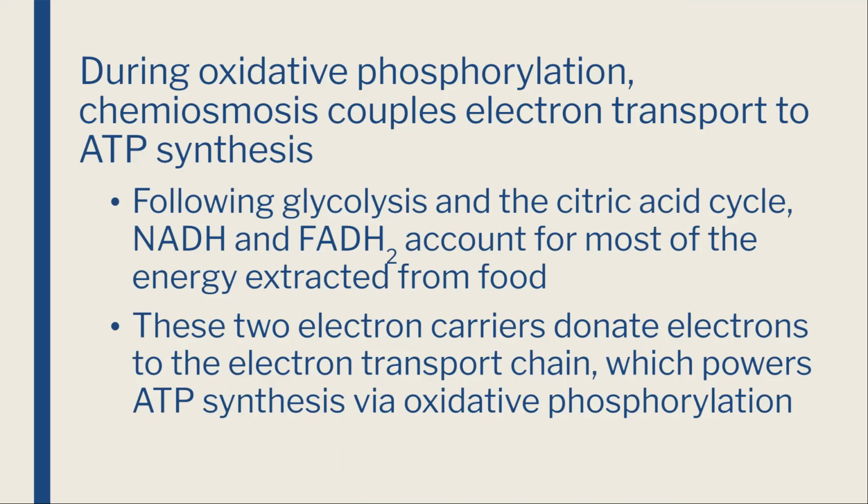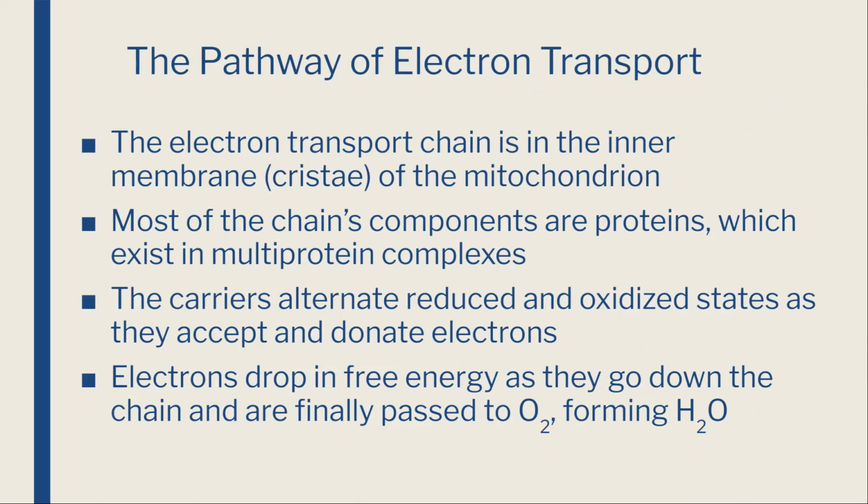Okay, so the NADH and the FADH2 that come from the breakdown of glucose through glycolysis and the citric acid cycle, those energy-carrying molecules, those electron-carrying molecules, are going to be the energy that's going to drive the last step.